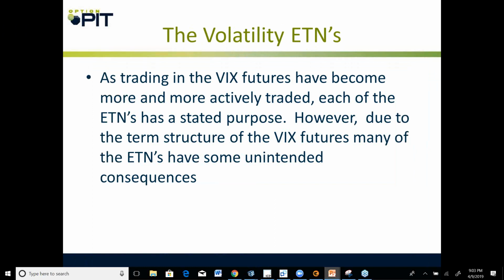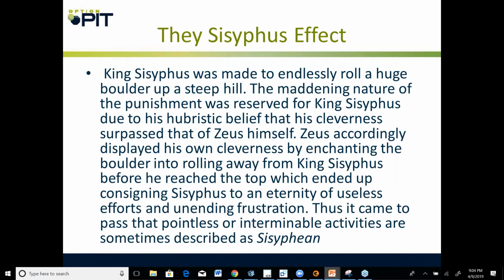All right, so let's talk about the ETNs. As VIX futures have blown up, so have the VIX ETNs. However, they have some unintended consequences. So I like to compare the ETNs to King Sisyphus. King Sisyphus was made to endlessly roll a huge boulder up a steep hill.